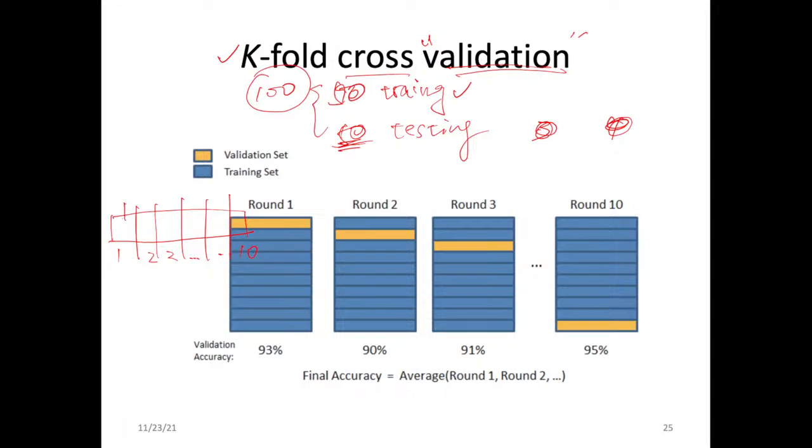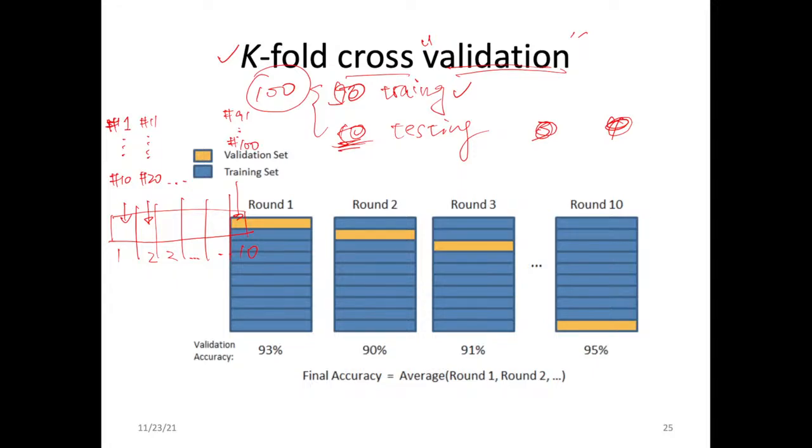The first fold has instance number 1 to instance number 10. The second fold has instance number 11 to number 20, and so on. So the last one has number 91 to number 100.